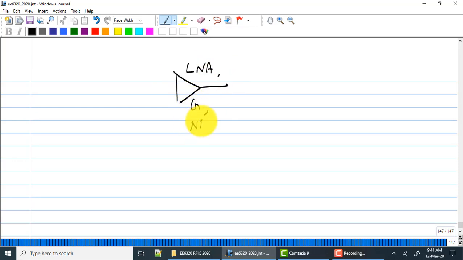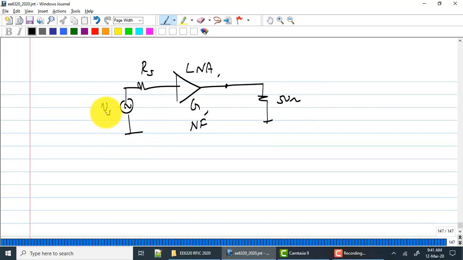Now what I'm going to do, I get two outputs. What does a balun do? A balun is a 3-port network. At each port you have 50 ohms. What I can do, I take the same LNA.